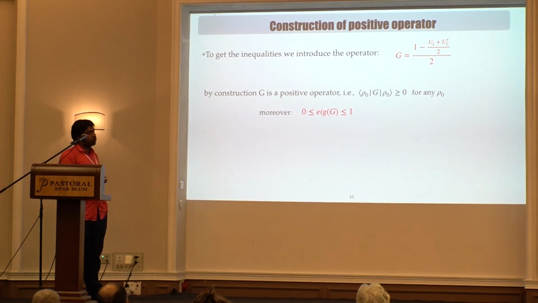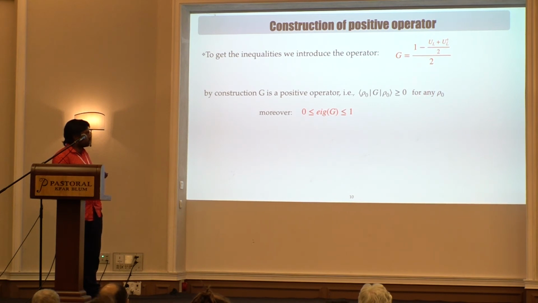So, the main idea is to construct a positive operator in the Liouville space. This is one of the ways. This U_L is the evolution operator in the Liouville space. If this is a positive operator, it's trivial to see this has to be greater than or equal to 0. Moreover, one can verify the eigenvalues of G are bounded between 0 and 1.